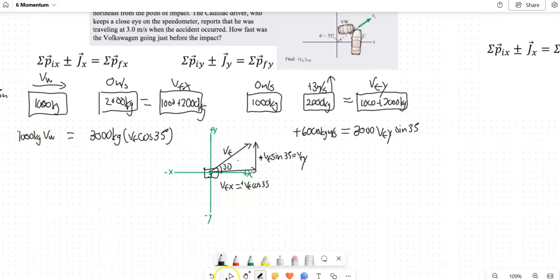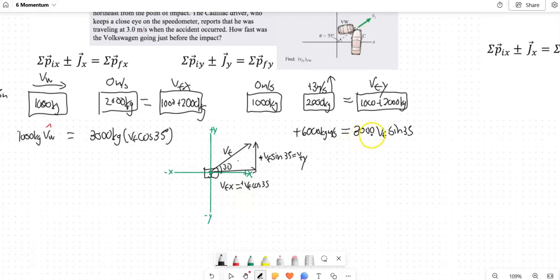So this is what we're trying to find, and we cannot find it because we need to figure out what v final is. So since we don't know what v final is, let's use this equation to figure it out.